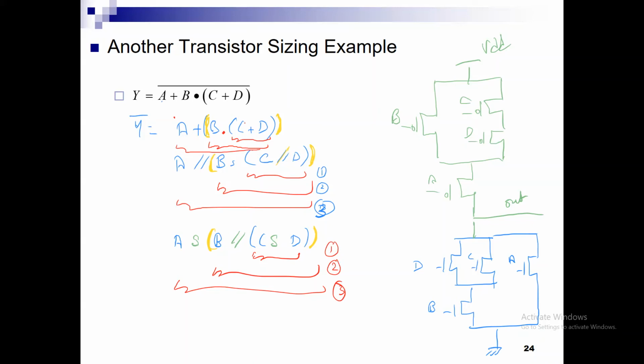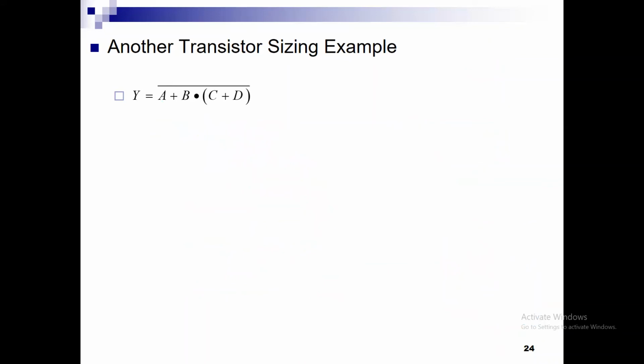Okay, so let me then rewrite the expression just so you are sure that we wrote the expression correctly. The y bar, we always start with y bar for the pull down network, equal to A or B into C or D. It gave me brackets here, but I am going to insert the precedence, and this will happen before this.